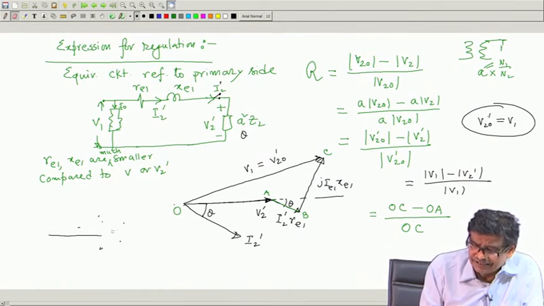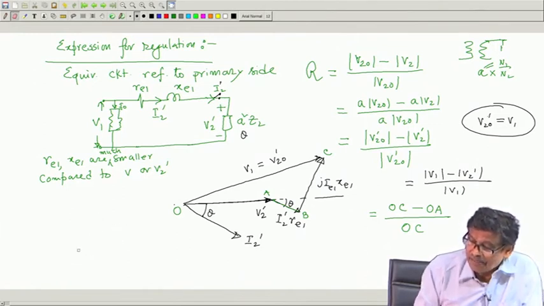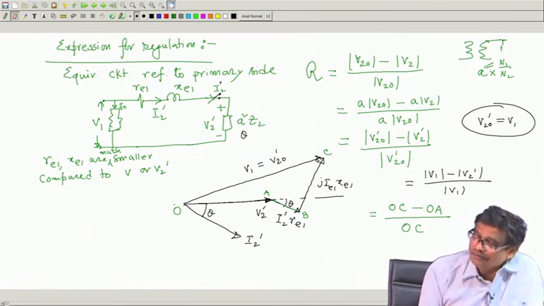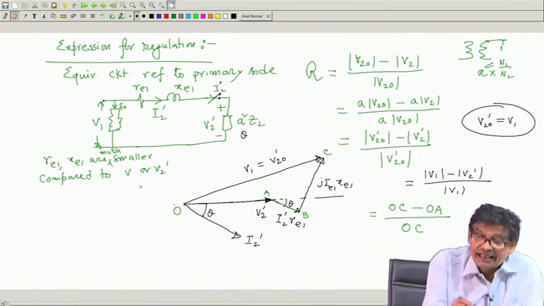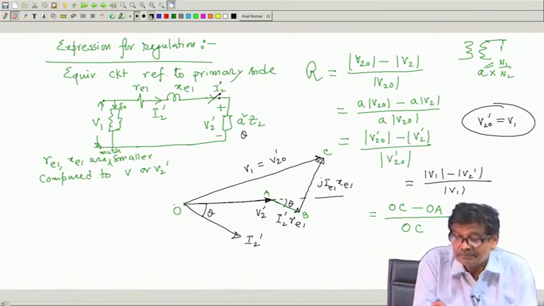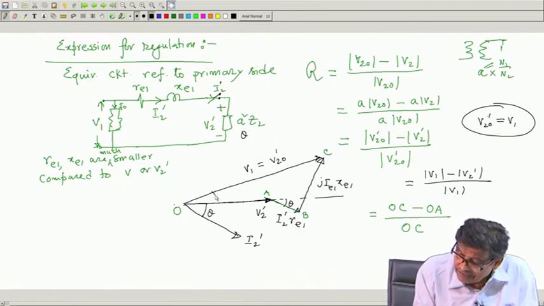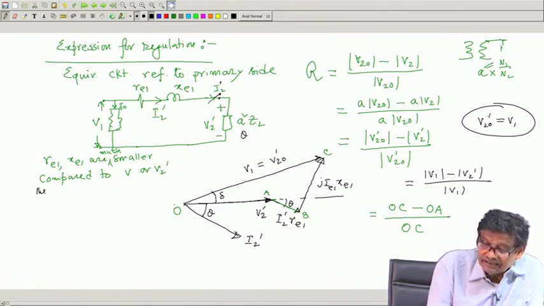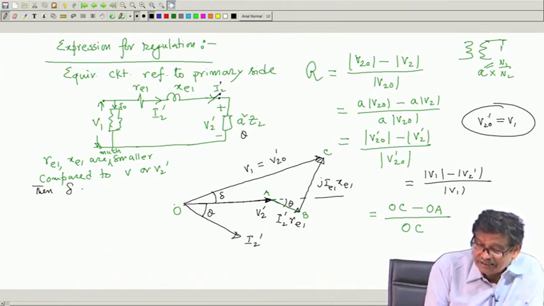Now, rest of the thing is pretty simple. Therefore, if these two lengths are small, this angle, suppose I call this angle to be delta, compared to V1 or V2, then delta will be also small.